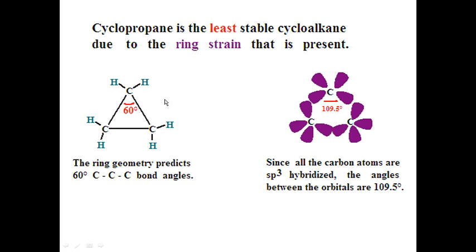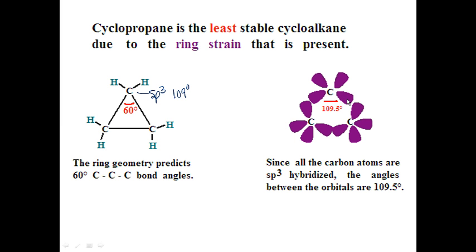Now, we know that this carbon is sp3 hybridized and therefore would have a 109-degree bond angle in its orbital picture. So if I look at this picture, you can see that these bond orbitals, the sp3 hybrid orbitals, are at 109.5.